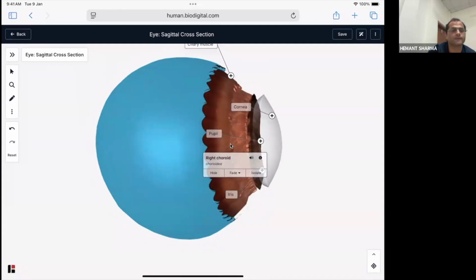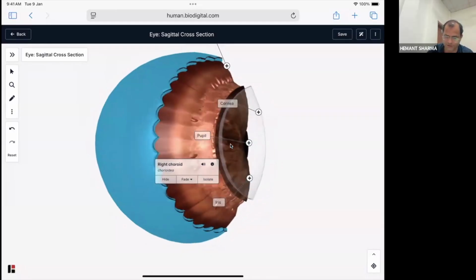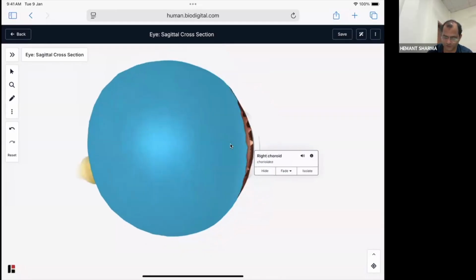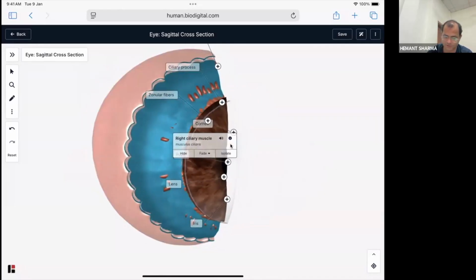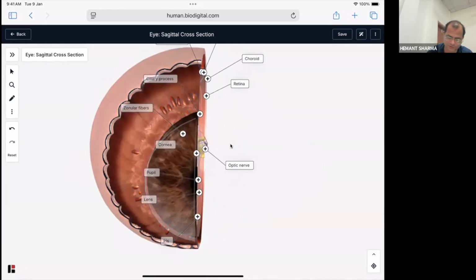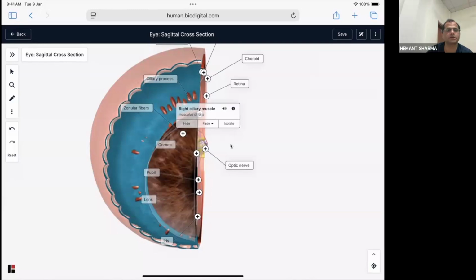Now if we come to the front side, see this is like a ball. If you come to the front side, look, this is a muscle, you can see it all around, this muscle. This is called the ciliary muscle.